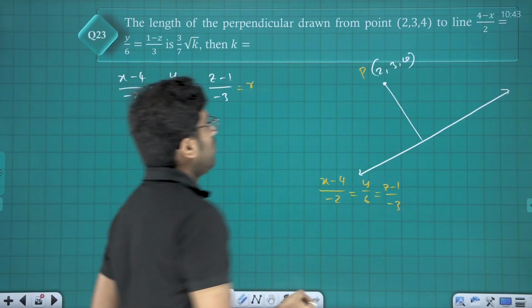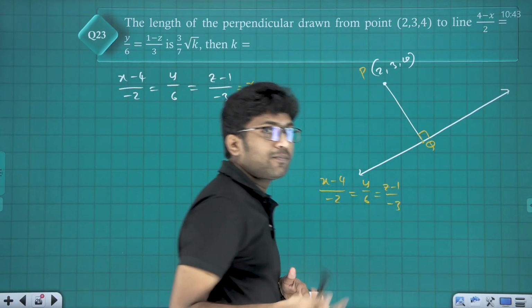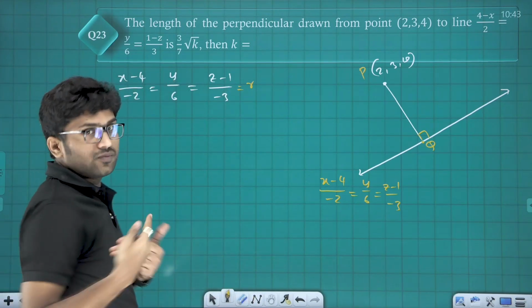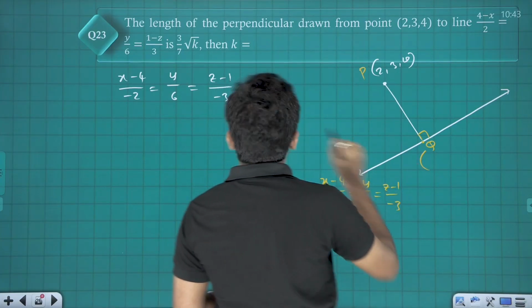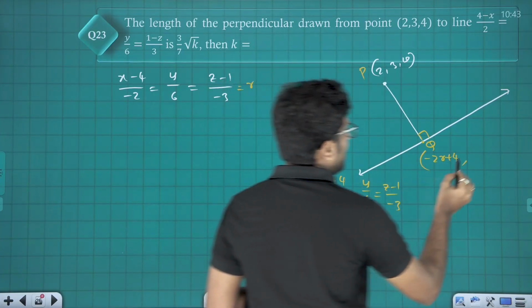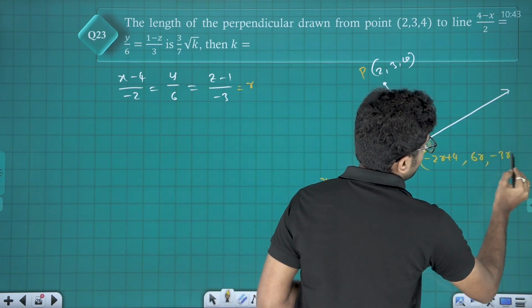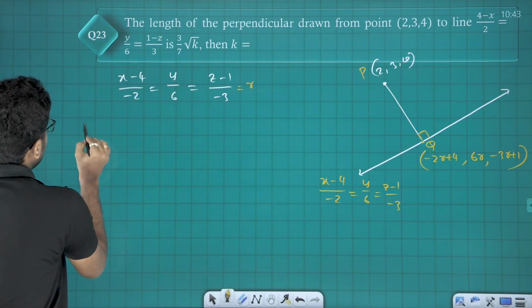So for some value of r, the coordinates of Q will be, because Q is a point lying on the line, minus 2r plus 4, 6r, minus 3r plus 1. Clear? Now find the DRs of PQ.